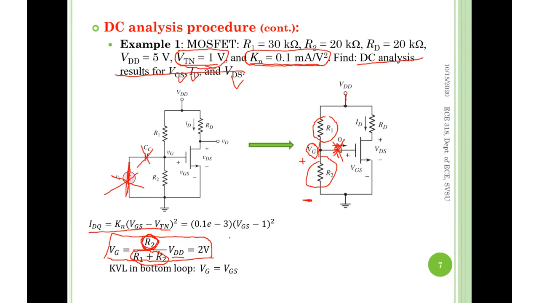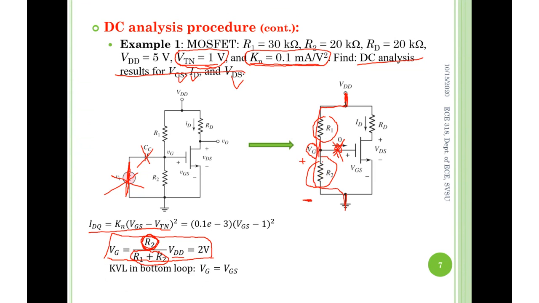Voltage divider. If you don't like it, you can also write what? From top VDD to the bottom along this path, KVL, right? Path KVL also works. VDD minus 0 equals R1 times I1 plus R2 times what?